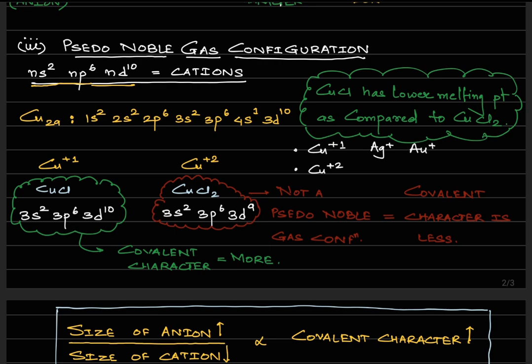Okay, you could also expect for Zn2 plus. Okay, you could also expect for cadmium, cadmium 2 plus and Hg2 plus. Okay, all of these would be having a very high covalent character. Why? Because they have a very high polarization power.